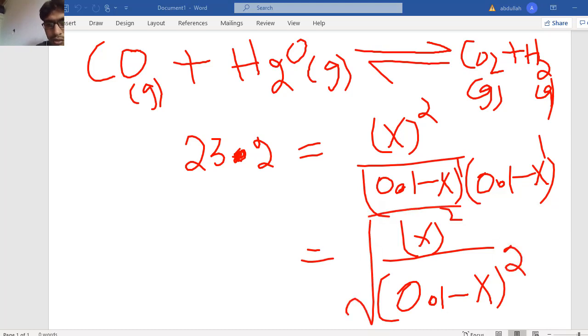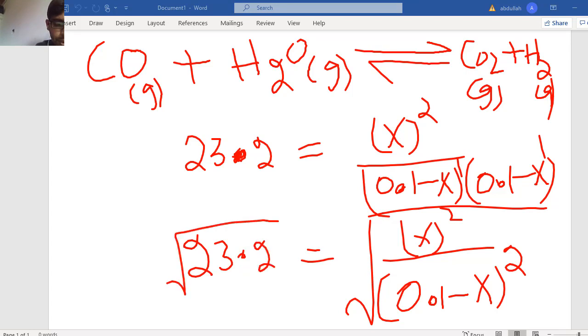Take the square root on both sides and we get the equilibrium concentration for carbon dioxide and hydrogen.